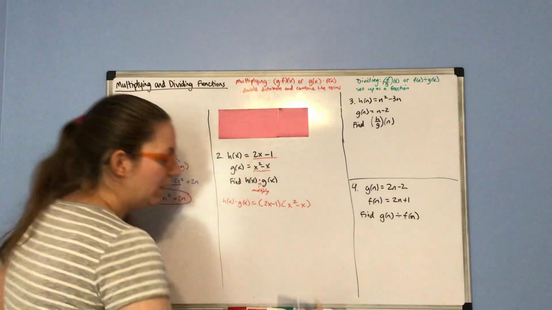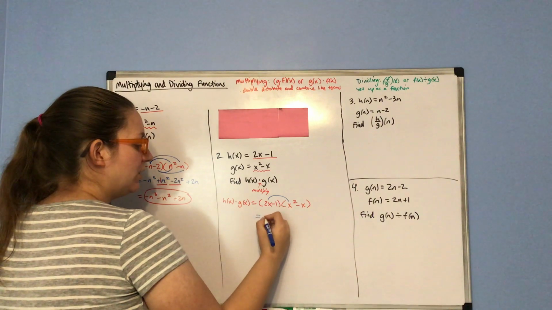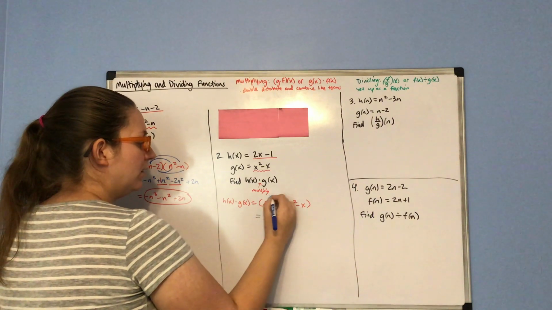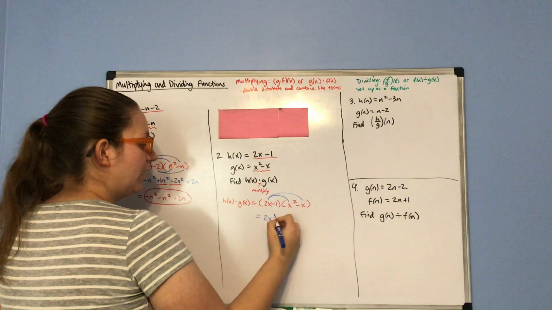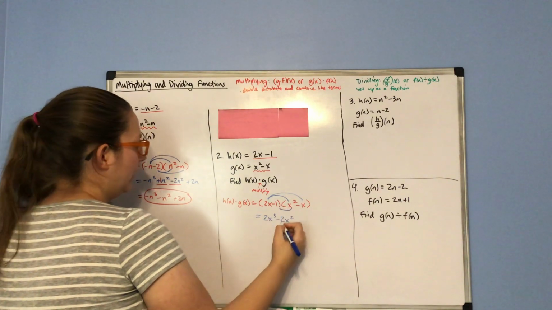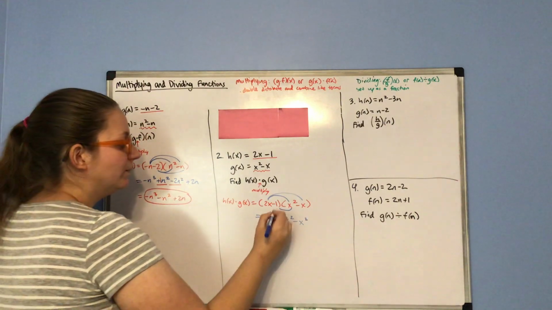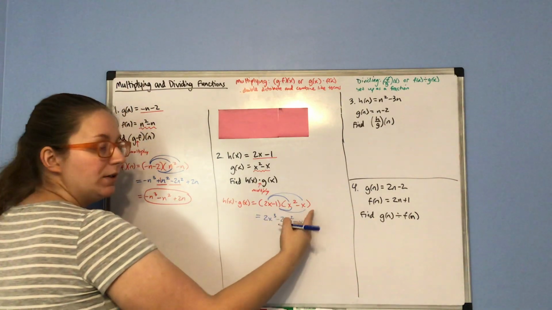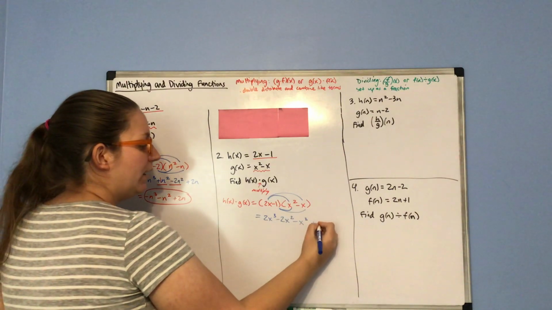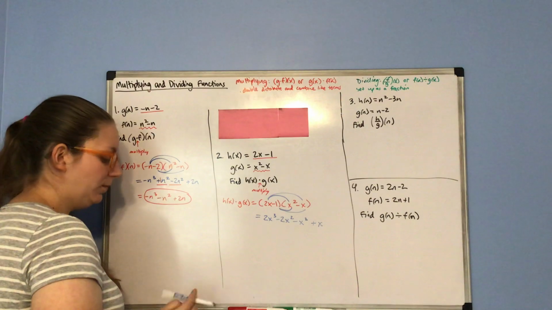To do that multiplication, I need to double distribute. 2x times x squared is 2x to the third. 2x times negative x is negative 2x squared. Negative 1 times x squared is negative x squared, or negative 1x squared. Negative 1 times negative x is positive 1x, or positive x. However you want to write that is fine.